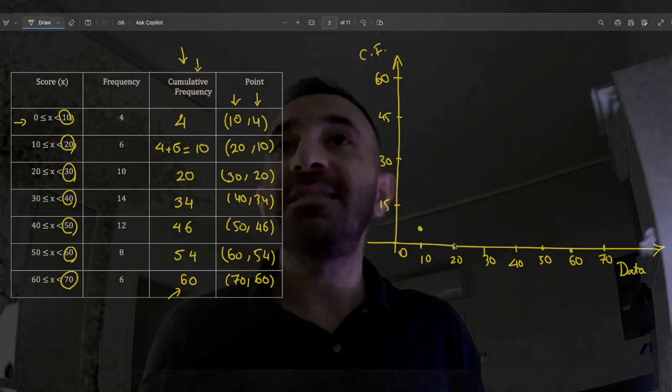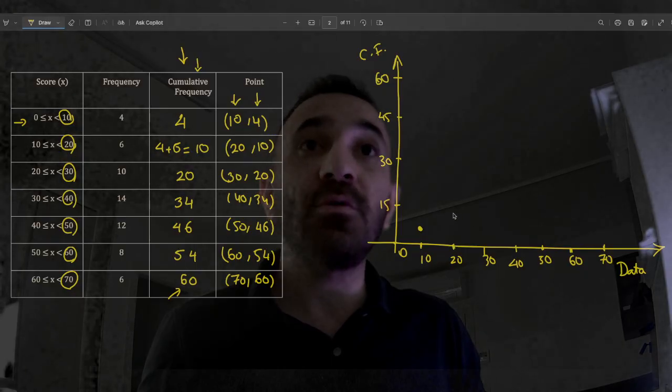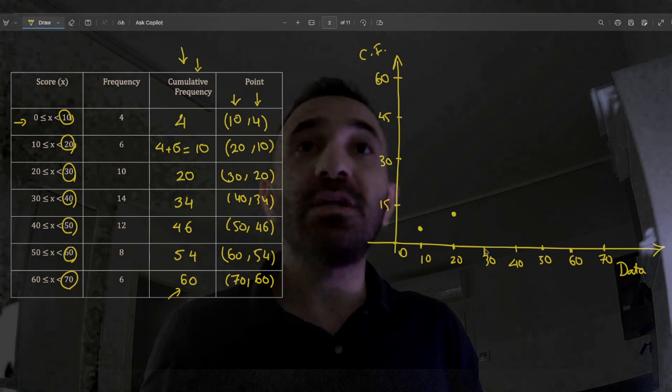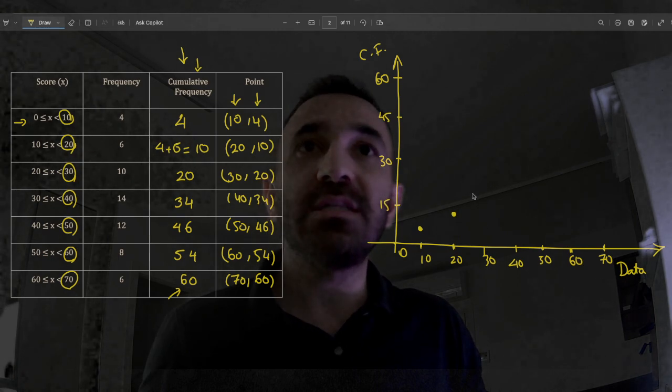20 and 10. Maybe it's going to be here. 30 and 20. It might be, in my opinion, here.